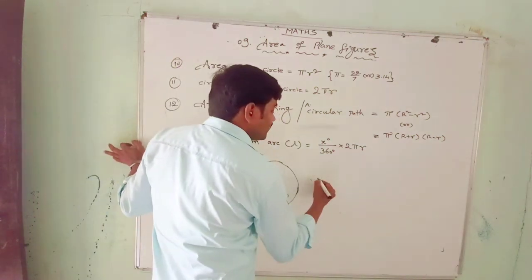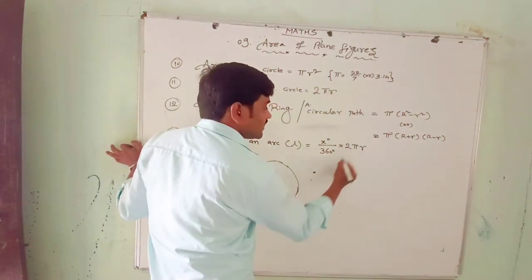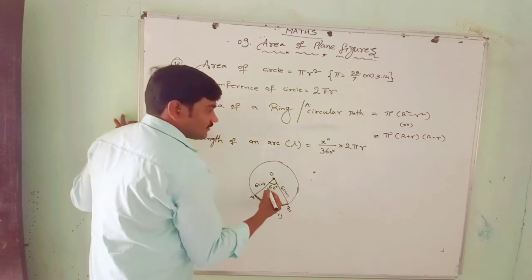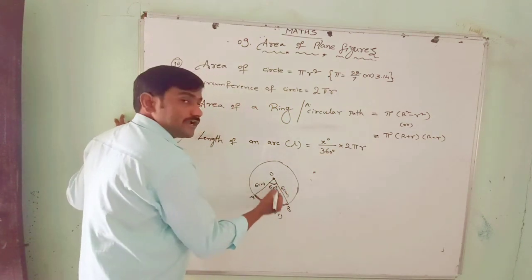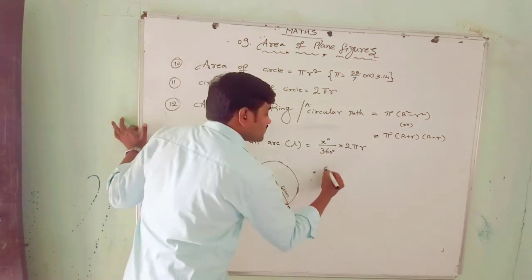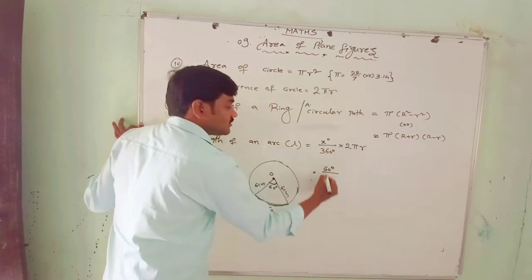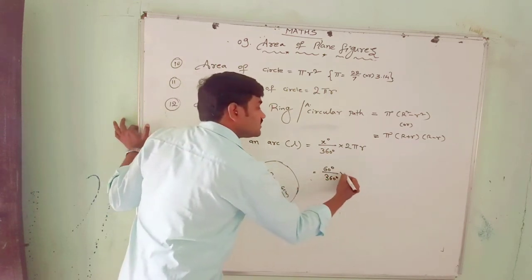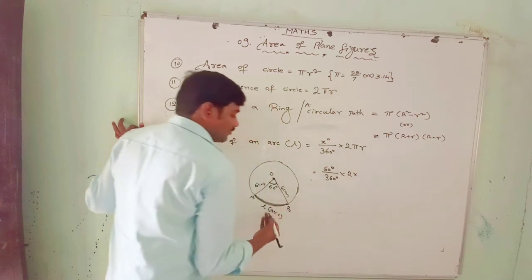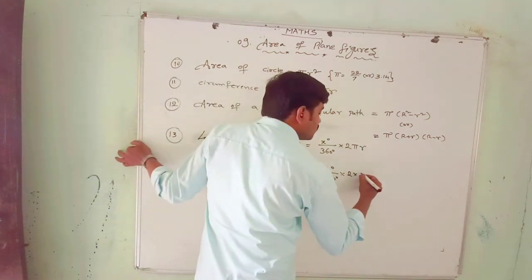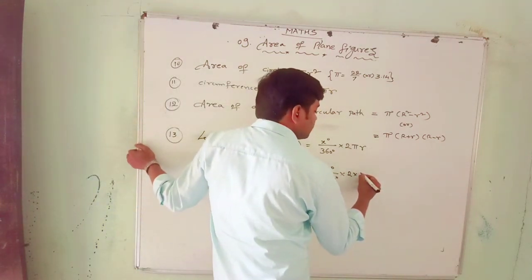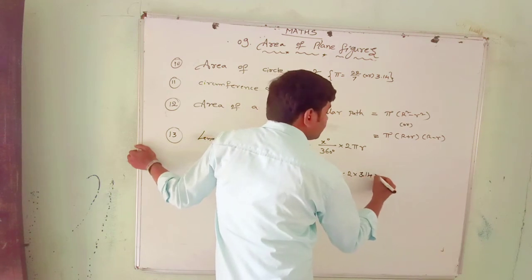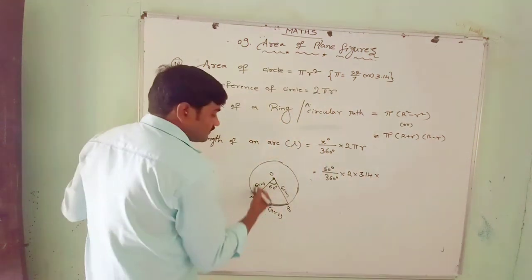So we can find out by using the formula x degrees by 360 degrees into 2 pi r. X is nothing but the angle subtended between the two radii, that is 60 degrees by 360 degrees into 2 into pi value. Pi value we can use, as I told, 3.14 or 22/7. Here we will go for 3.14 into the r value, 6 centimeter.